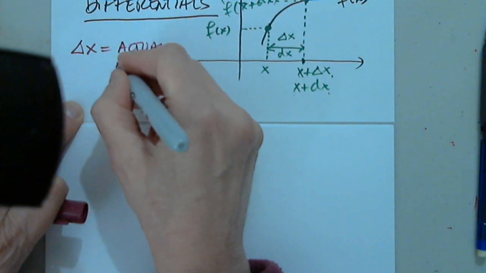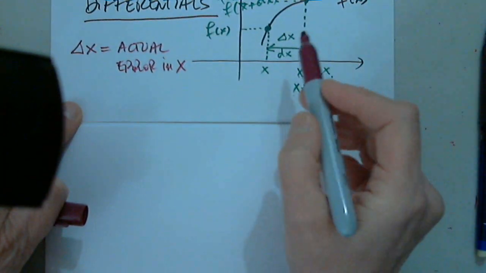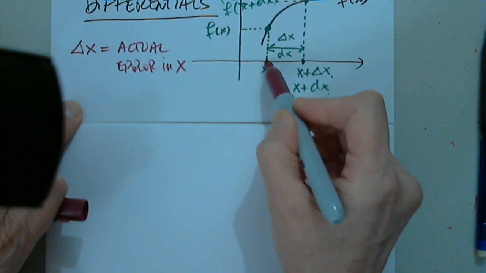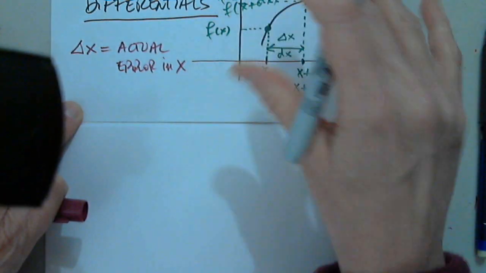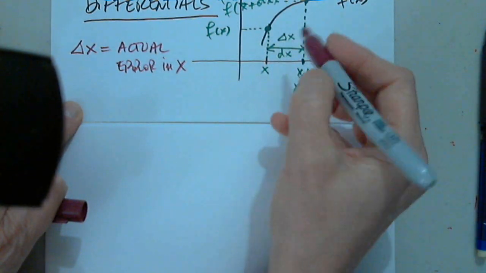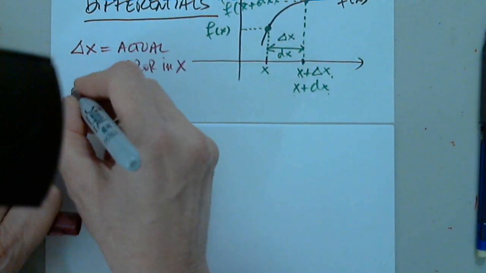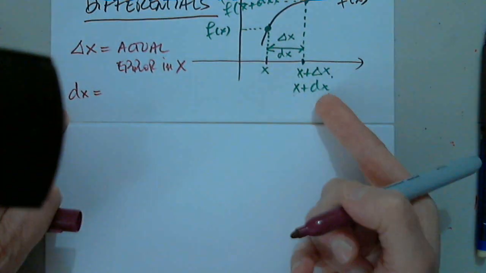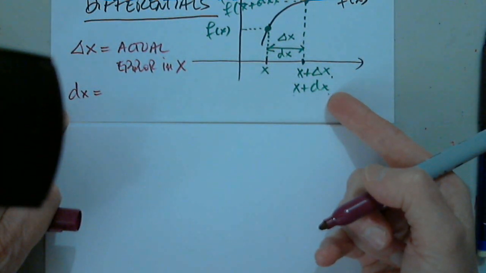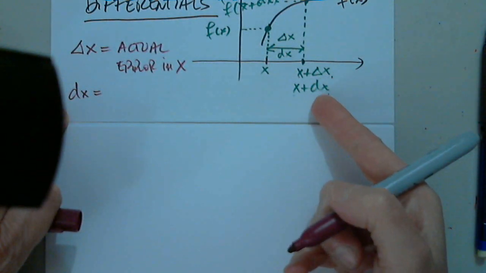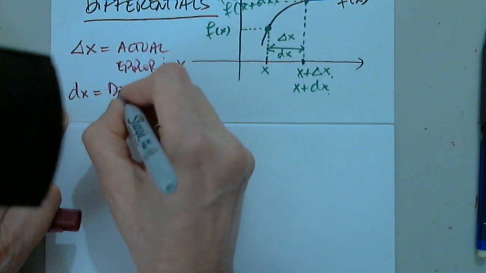So actual error in x. Instead of being here, we're a little bit to the side, or here or this side. It doesn't matter, but I'm zooming in and it looks huge. No, it's very, very close. So the actual error in x, dx, although it's the same measure, is not called the actual error. It's called the differential.